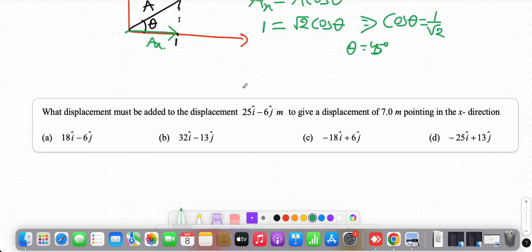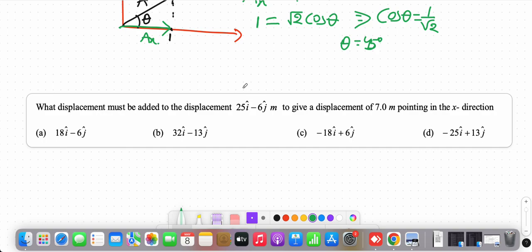Next question. What displacement must be added to the displacement given here to give a displacement of 7 meter pointing in the x direction? Pause the video, solve it. Tick, tick, tick. Okay. So what displacement must be added to this to give a final displacement of 7 meter pointing in the x direction?